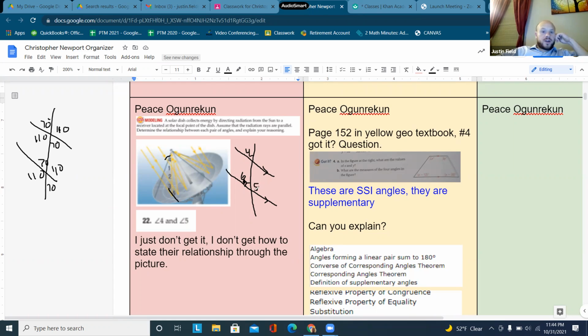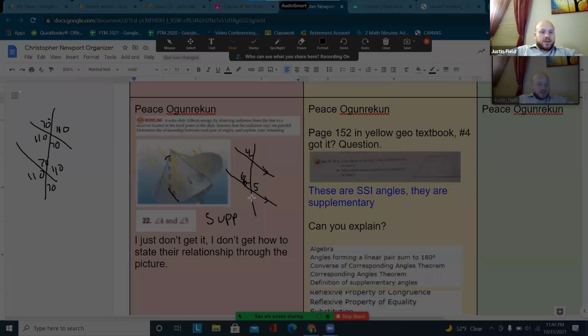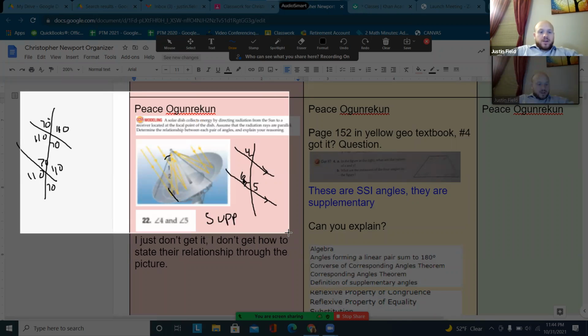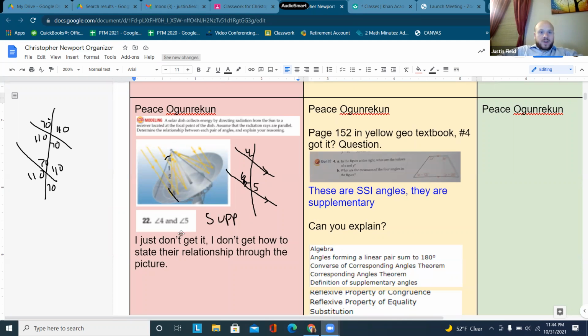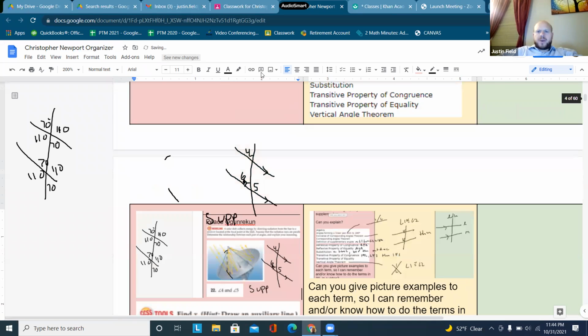They are a linear pair, they are supplementary. So 4 and 5, kind of by transitivity, are supplementary. Okay, so I hope that helps someone, but they're supplementary. There's no angle pair name like there could be if they had chosen a different pair.